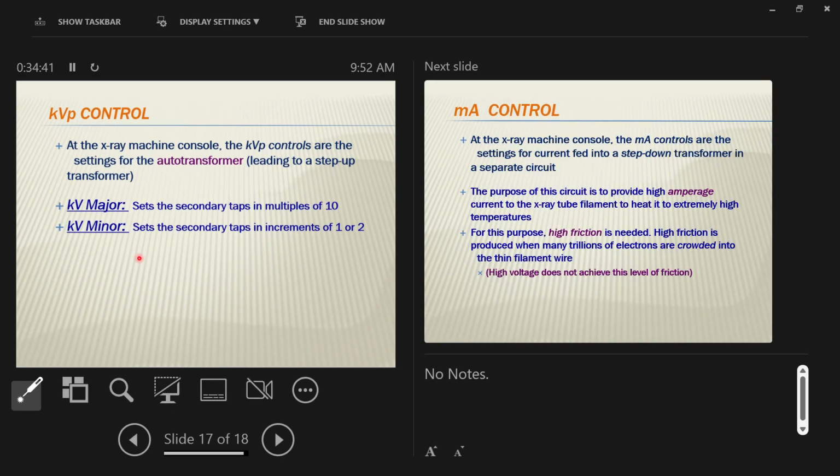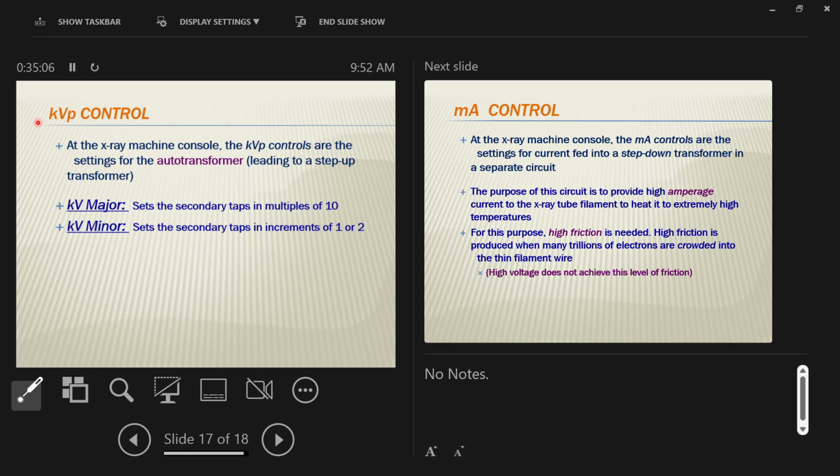So in an X-ray machine, the voltage number that we mess with is not in single digits, right? We get 110 volts from the wall, but when we make settings on our equipment, we set something between 50,000 and 120-ish thousand volts. So we use a unit called kVp, kilovolt peak or potential.